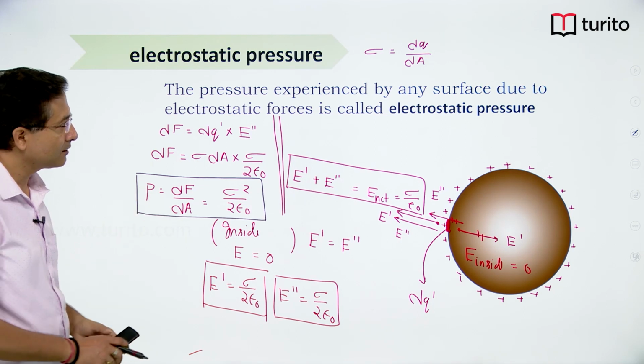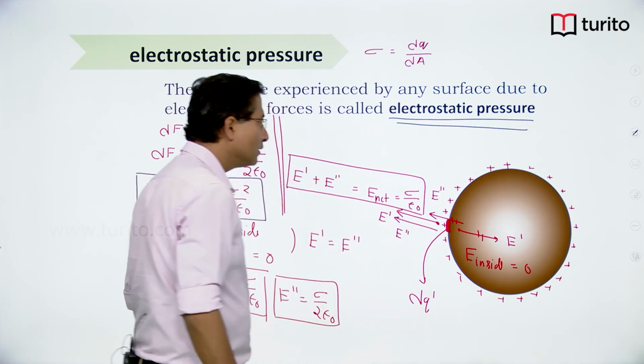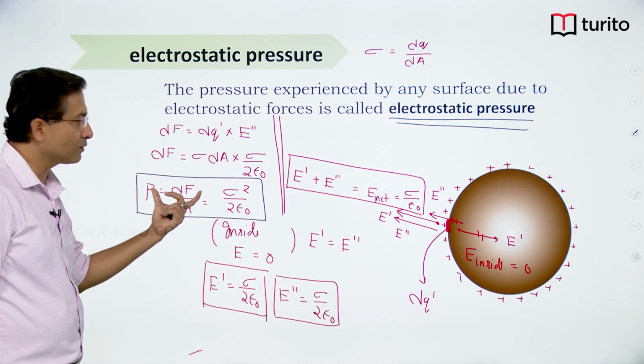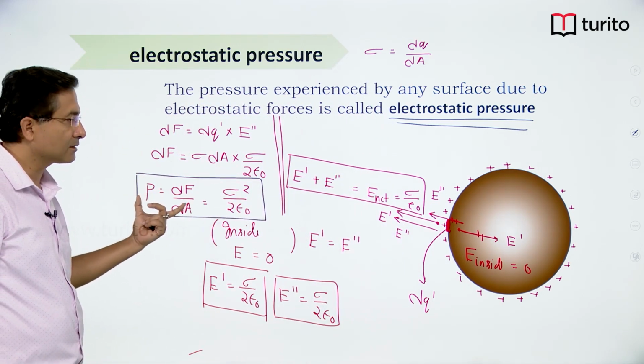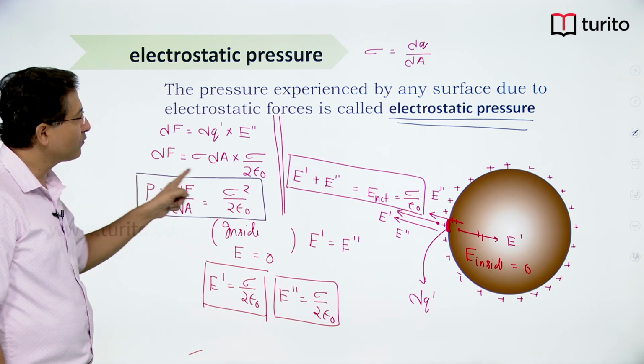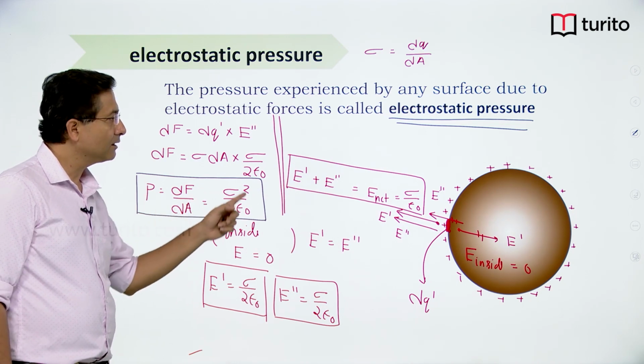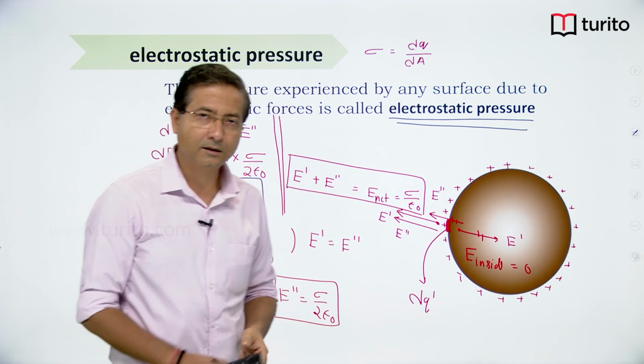That pressure is electrostatic pressure. We will talk about this later after discussing the distribution in a capacitor, but for the time being just keep in mind that sigma square upon 2 epsilon naught is the electrostatic pressure.